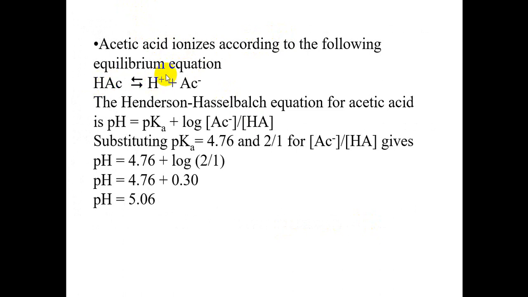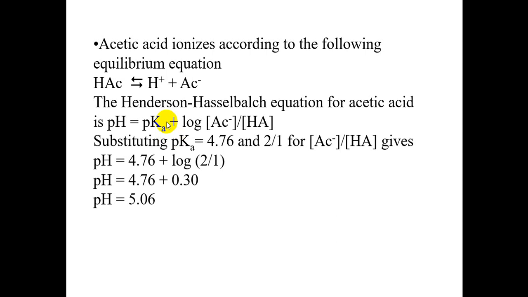It will break down to produce acetate and hydrogen ion. According to the Henderson-Hasselbalch equation for acetic acid, pH is equal to pKa plus log of the base over the acid. This is the base and this is the conjugate acid, the weak acid. So the weak base first, that's the numerator, then the weak acid, that's the denominator.